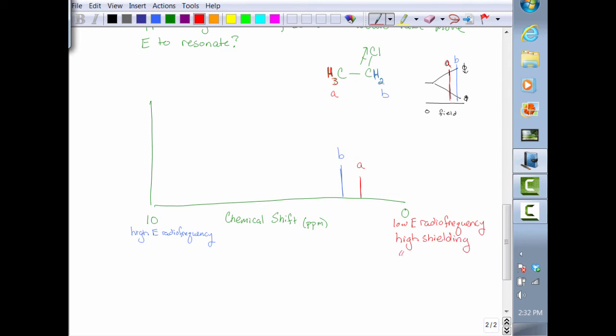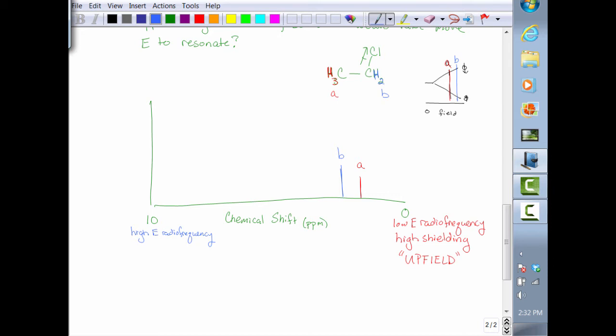And another name for this zone up here is upfield. That's some jargon that chemists will use. They'll say that it's upfield, even though there are low numbers. Chemistry is so confusing with the language.